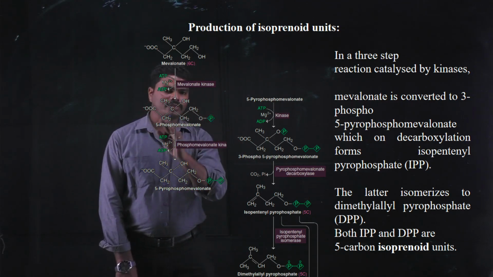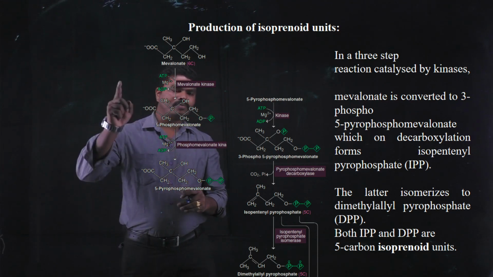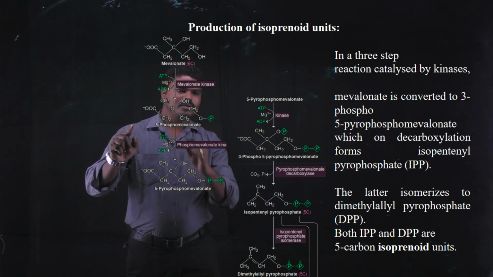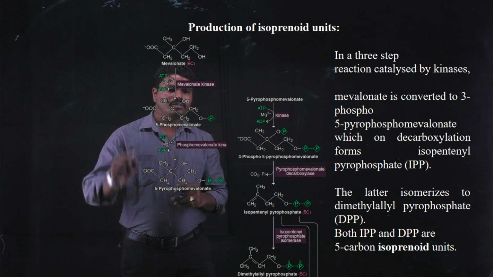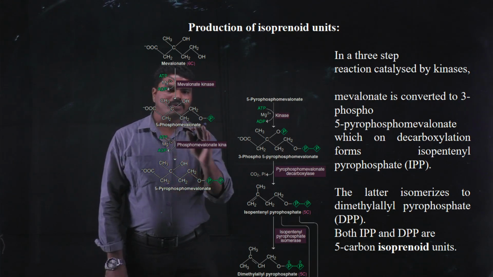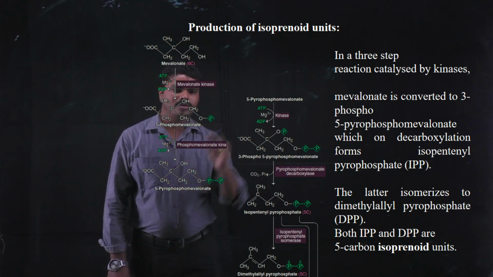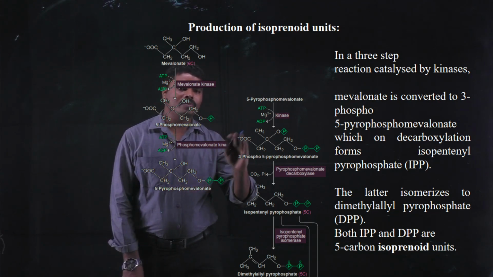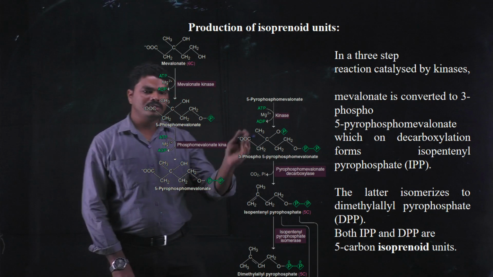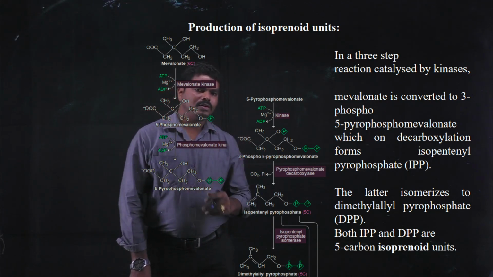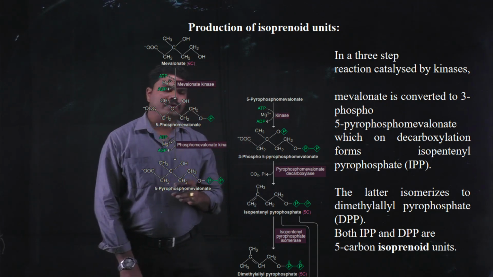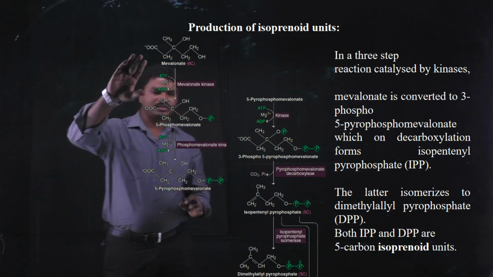In that, the first step is mevalonate is converted to 5-phosphomevalonate, then it is converted to 5-pyrophosphomevalonate, and then to 3-phospho-5-pyrophosphomevalonate. So those are the steps involved in the conversion of mevalonate to isoprenoid units. We'll see this in detail.